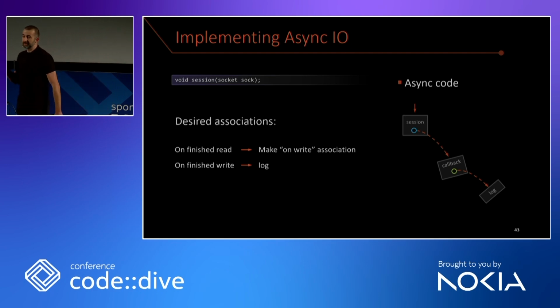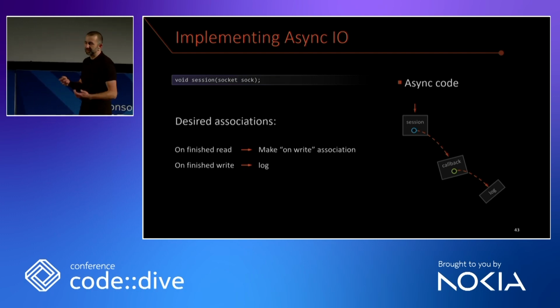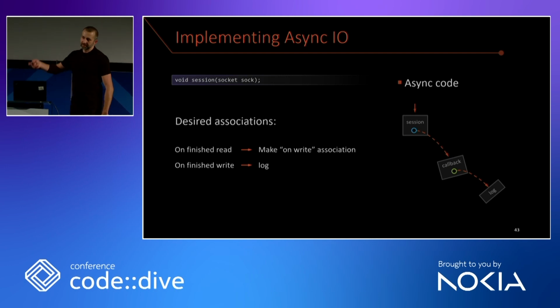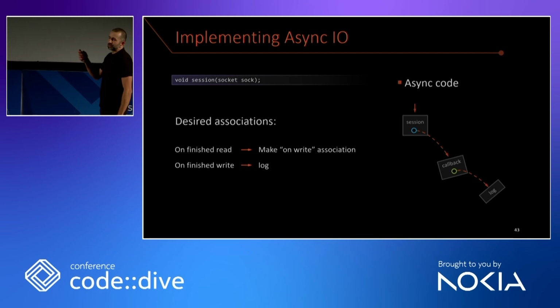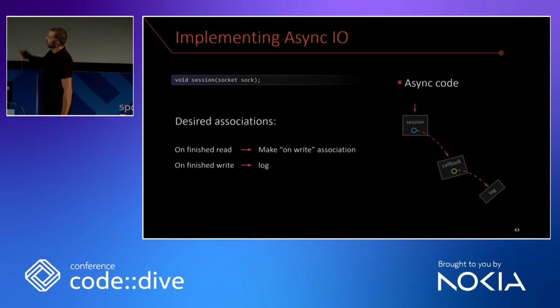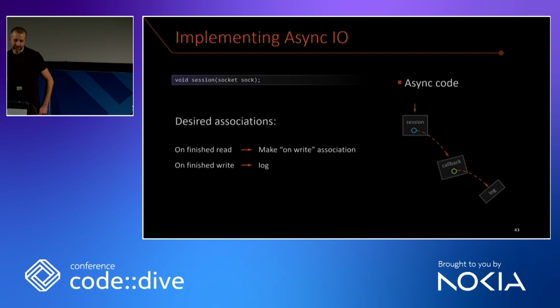And in this callback, we will tell the system, it doesn't know what's in the callback, but we will know that in this callback, we will make another call to the same system and ask it to perform a write. Not now, at some convenient point when it's ready to process this task, and when this write ends, call another callback that we will call log, where we will do the logging.